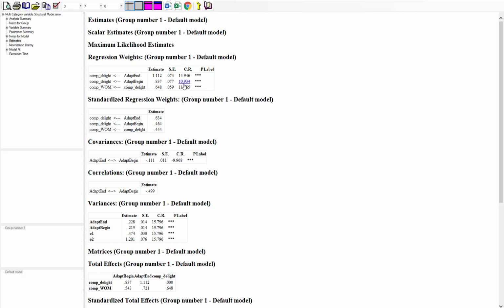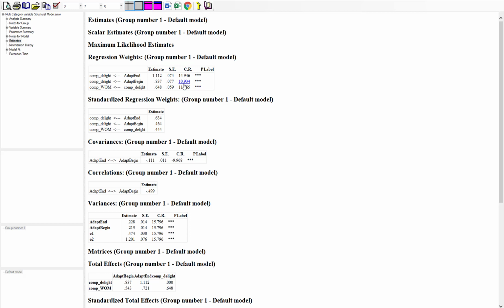And so from that adapt begin to customer delight, we can see that it has a positive relationship, and since adapt begin was coded as a 1, we know that that positive relationship says that it's stronger to the positive than to the 0.